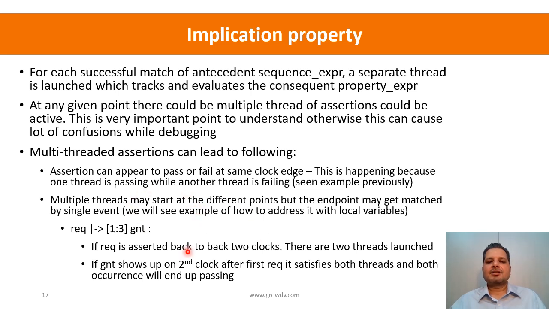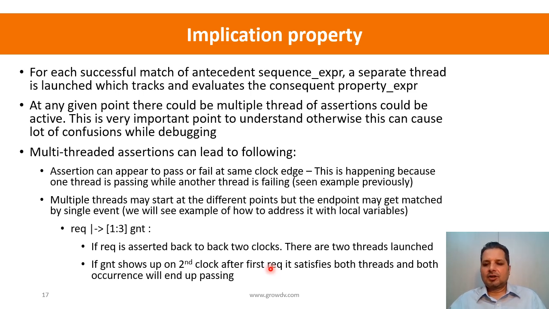The second thing with respect to multiple threads is that multiple threads are launched when your antecedent criteria is met, but the same consequent matching can lead to termination of all of them, and sometimes you want that and sometimes you do not. For example, with request followed by an overlapping operator and a grant in 1 to 3 cycles, if the request appears on 2 clock cycles back to back, then 2 threads get launched. If on, let's say, the second clock cycle the grant comes in, then both threads will get satisfied.